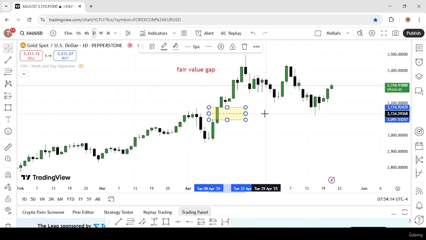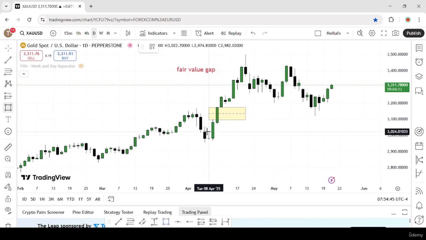The market left that area quickly, with high speed, if I may term it that, leaving these levels of imbalance. Like here we have a fair value gap. Here we also have a fair value gap. We also have a fair value gap.